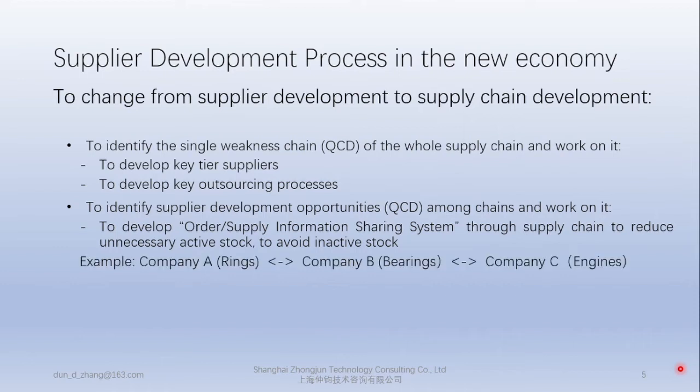Here is an example. We have company A for rings, company B for bearings, company C for engines. Company A supplies rings to company B, which supplies bearings to company C. What happened is that company C reduced the forecast and order and informed company B. But company B did not inform company A for some reason.